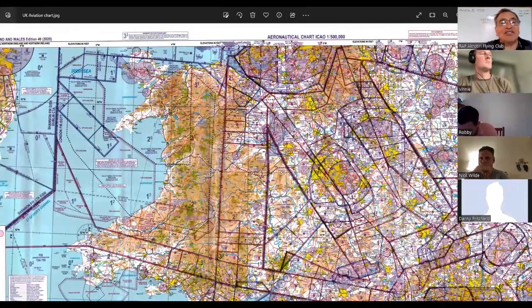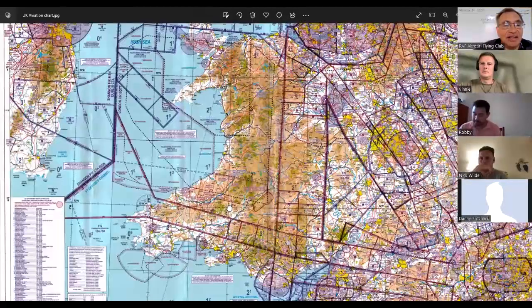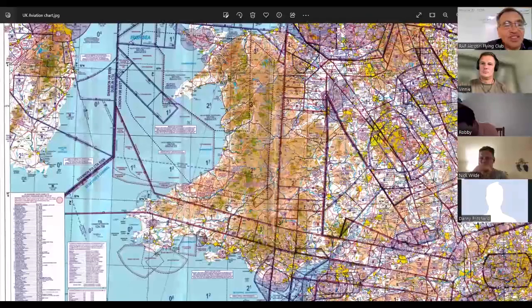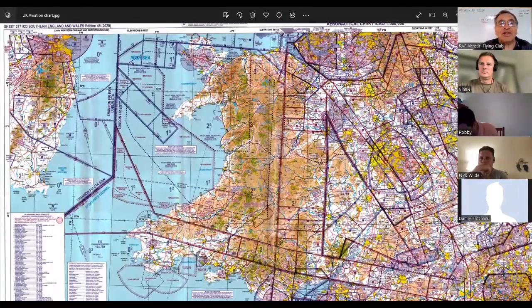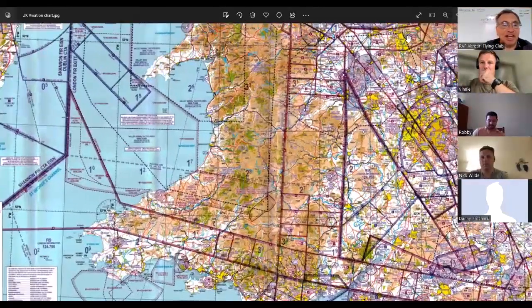So if I've been told to fly to somewhere that was 5 degrees west, for example, and 52 degrees north, 0000 for both of them, I'd start off here with my 52 north, and I'd find my 5 degrees west, and I'd find out where the two intersect, which is going to be just there.